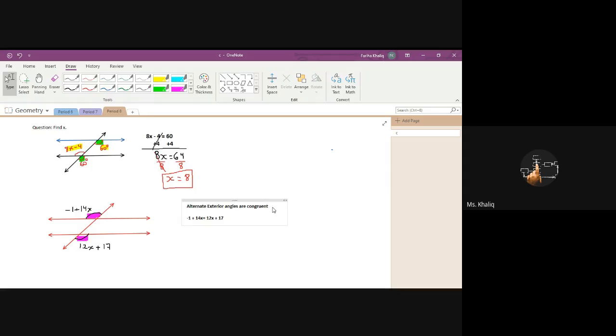And now it's just a matter of solving for x, which we are going to do by combining like terms. And so what are my like terms? It means that I'm going to move the 12x. I'm going to get rid of it from the right side, and I'm going to do -12x on the left side as well.